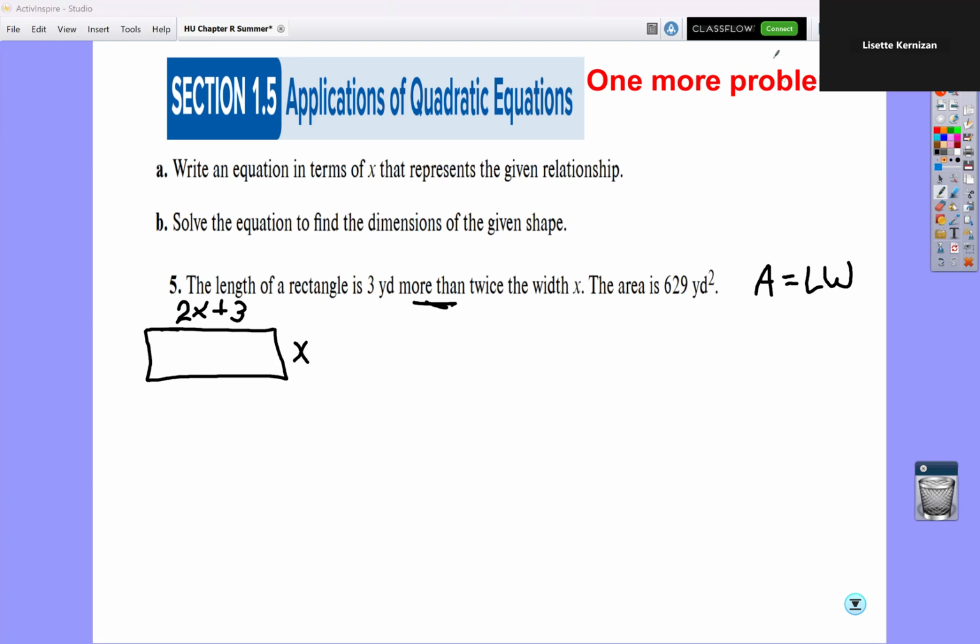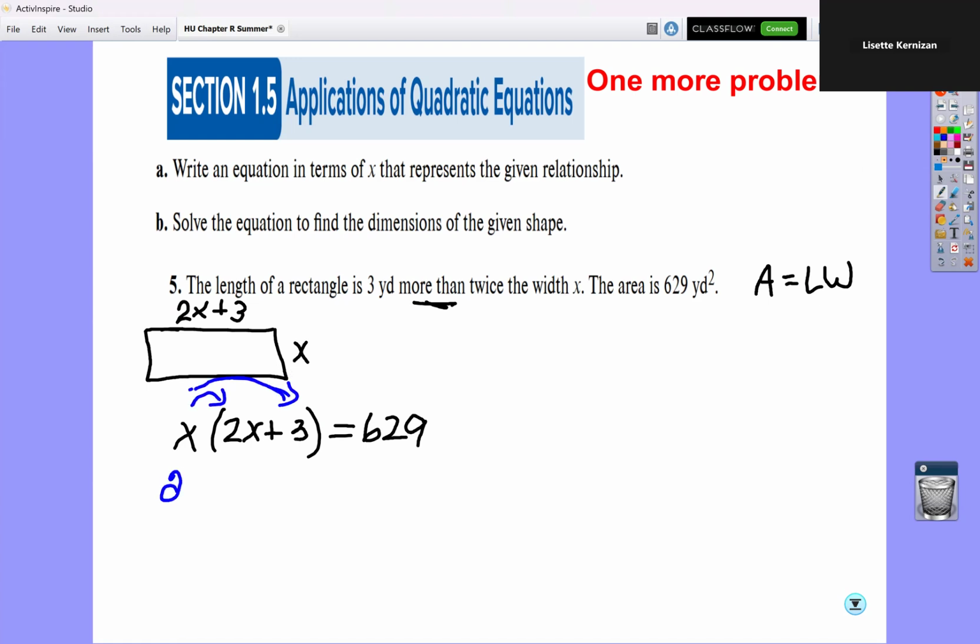So if we're looking at this equation, we're doing area equals length times width. I'm going to say the length is 2x plus 3, and the width is x, and the area is 629, which they gave us. So we're going to distribute this x to everything.